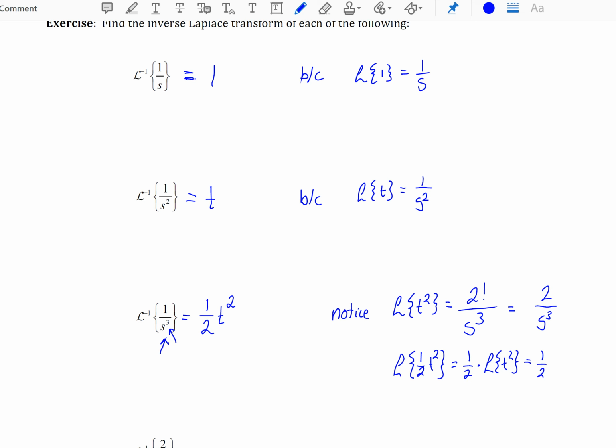And then the Laplace of t squared we just showed is 2 over s cubed. Notice those 2's would cancel and we'd be back at our original function in the s domain. So sometimes you have to modify your guess by considering what coefficients might need to be there.